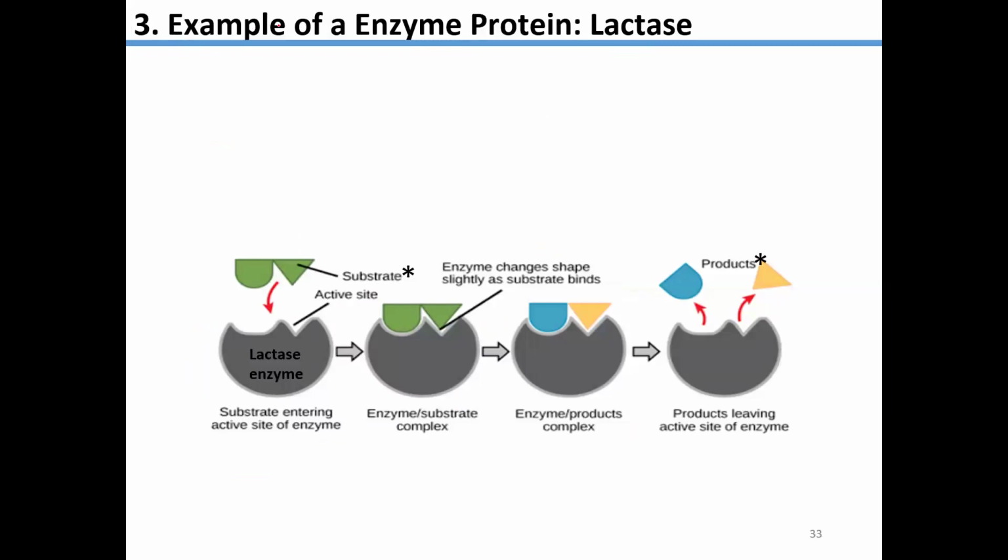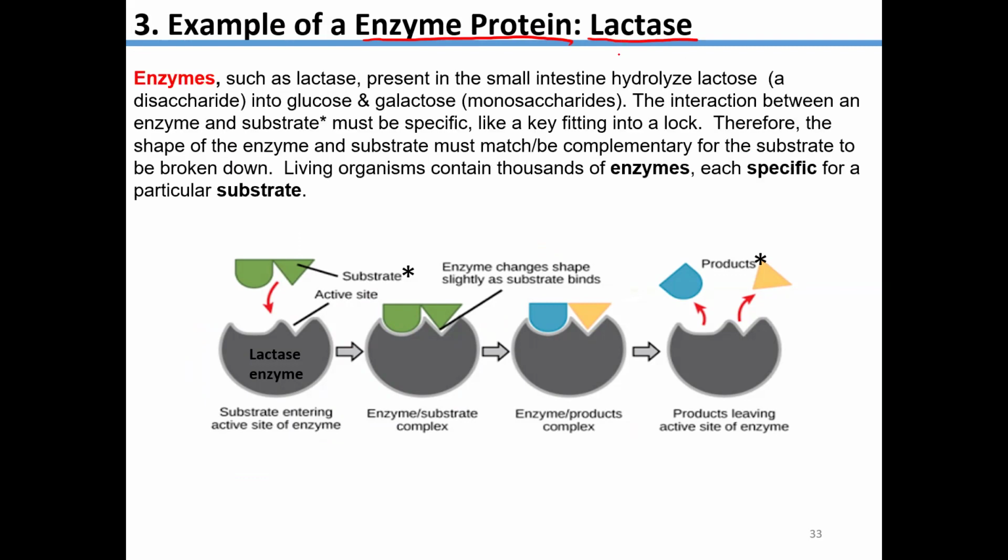Moving on to example 3, we're going to look at enzymes as proteins. Enzymes are really important, and we're specifically looking at lactase as an example. Enzymes such as lactase help speed up certain processes. If you are not lactose intolerant, that means you have the enzyme lactase, meaning you're able to break down milk sugar. Remember, milk sugar was our disaccharide, made up of two pieces.